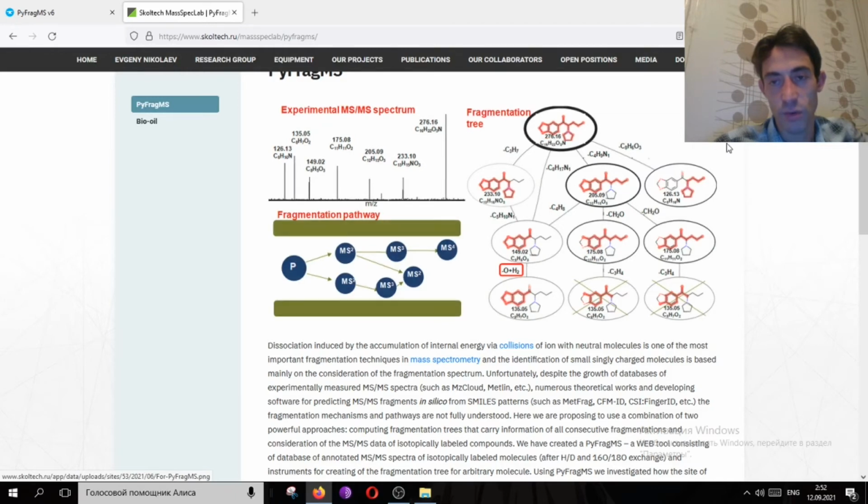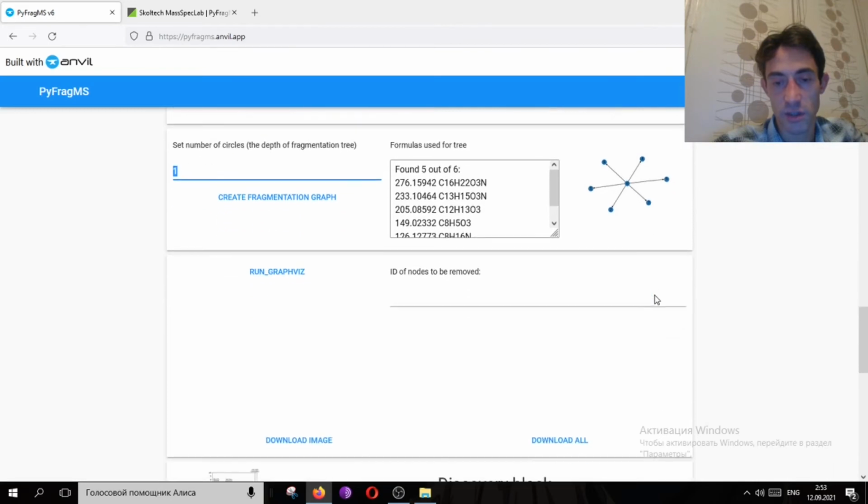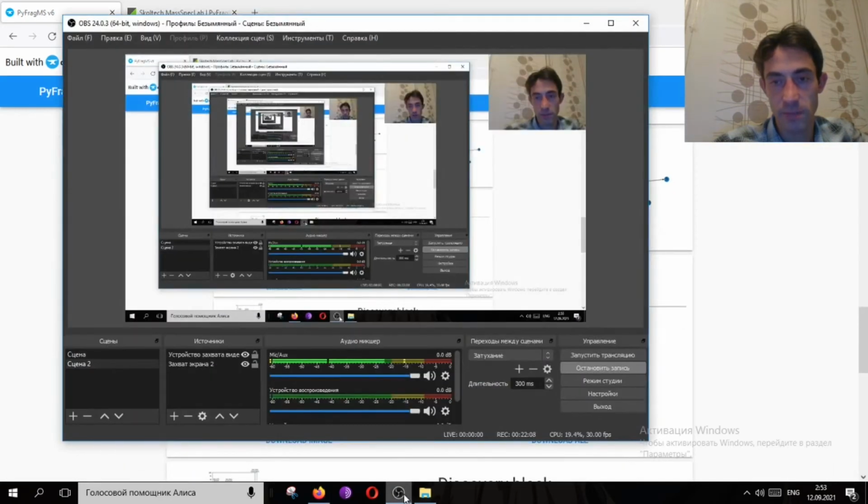The depth of fragmentation tree 1 would be just the first layer, a single fragmentation event, and for example depth 2, we will consider two fragmentation events. So fragment ions will also produce fragment ions. So now the fragmentation tree is computed.